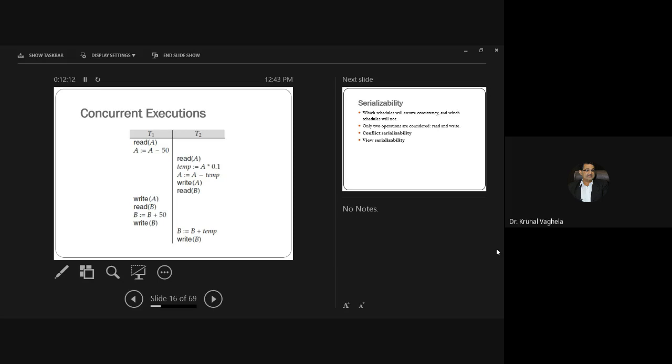If the transactions get executed in this fashion, then what will be the values?